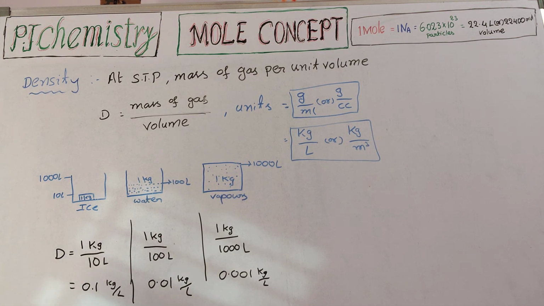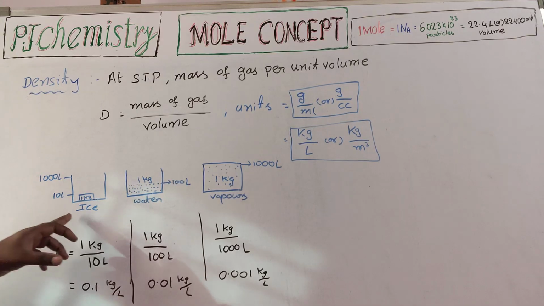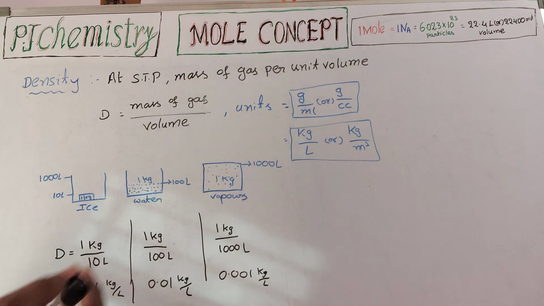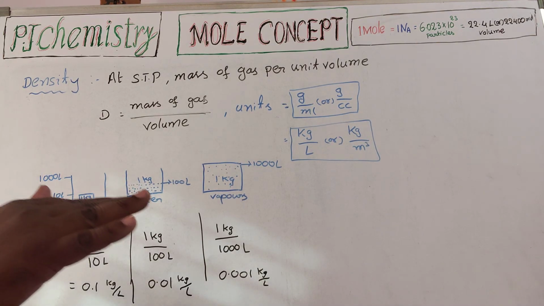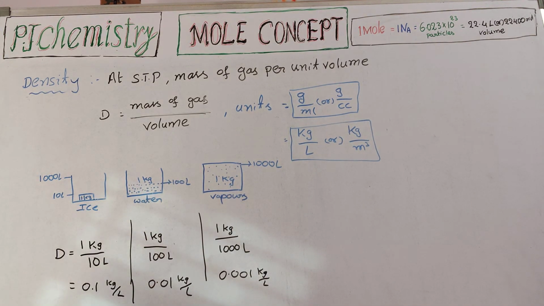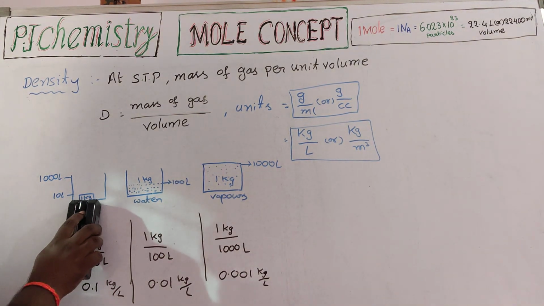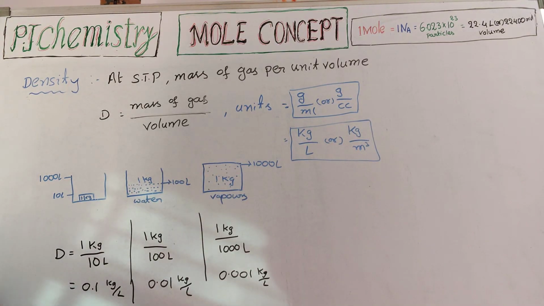When the particles are more tightly packed, they have more mass per volume. But one small change: instead of ice, because ice is an exceptional case with an open cage structure, that is why ice has lower density than water even though it is solid. Ice, even though solid, floats on water because of the open structure with porous air gaps. So instead of ice, we can take any other solid substance.